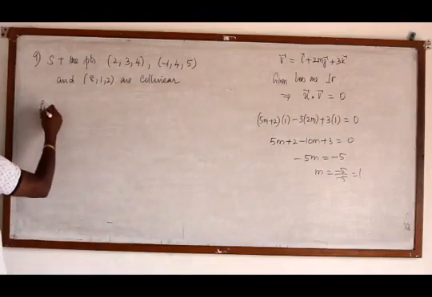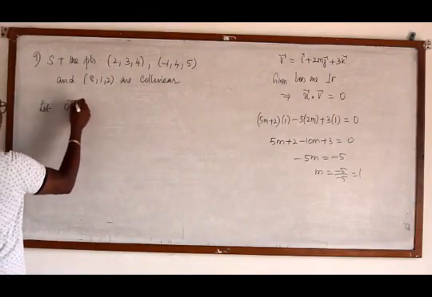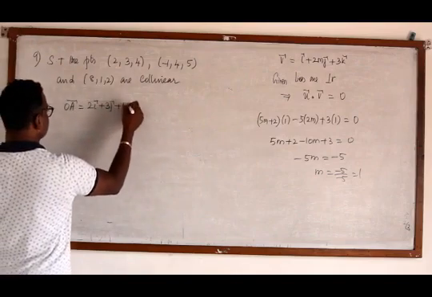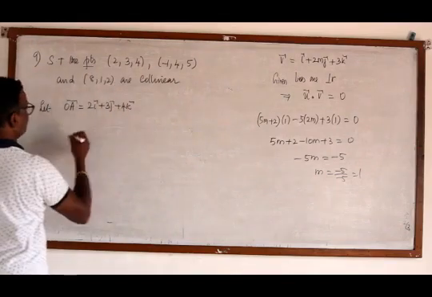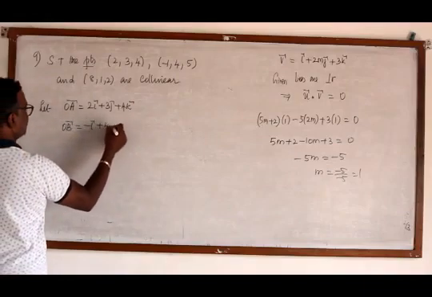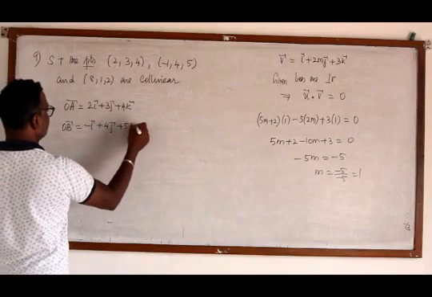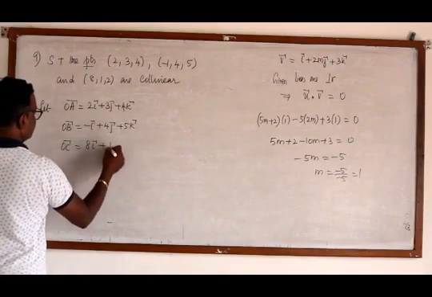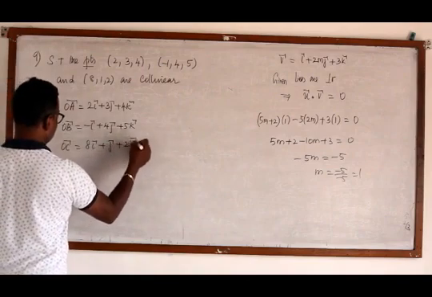So let me take OA vector equal to 2i plus 3j plus 4k. Since all are points, let me take the position vectors. OB vector is minus i plus 4j plus 5k. Then OC vector equal to 8i plus j plus 2k.